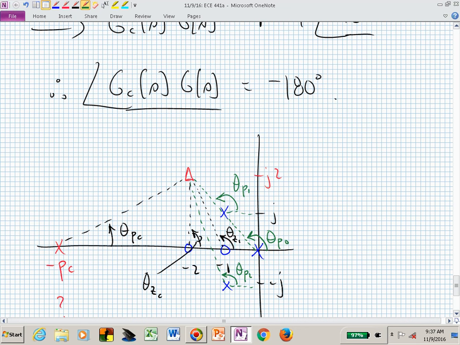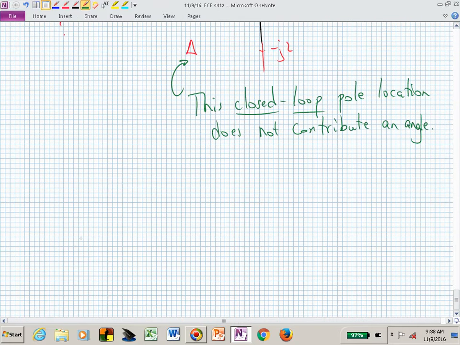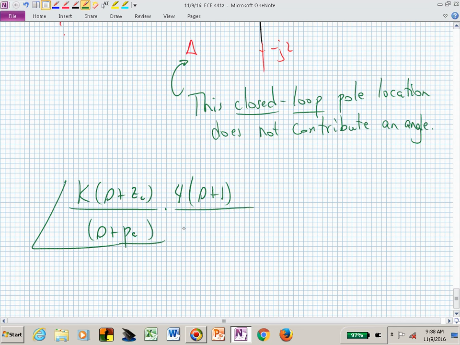If I have zero factors and pole factors in this combination of G sub C and G, how do I add up those angles? In this case, I really have the angles of K, s plus z sub c over s plus p sub c, times 4 over s plus 1 over s plus 1 squared plus 1 squared.